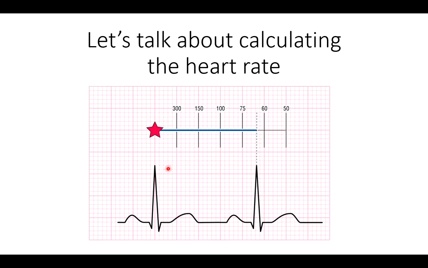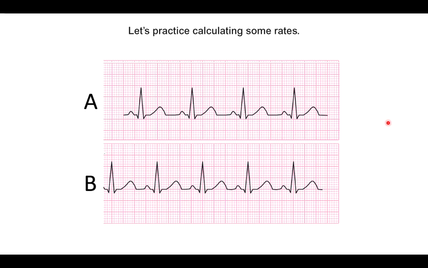That would mean we would see an R wave here, here, here, here, and here. Very regular rhythm occurring every dark line gives us a heart rate of 300. If the next R wave occurred here and the next one didn't occur until here, that would be a rate of 150, 100, 75, 60, 50, and so on. So let's practice what we've just learned.